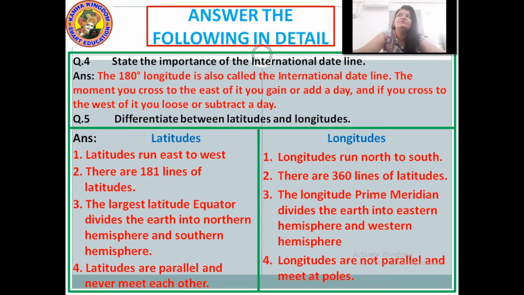And in longitudes you have to write down there are 360 lines of longitudes. I repeat the second point again. There are 181 lines of latitudes, and in longitudes there are 360 lines of longitudes.